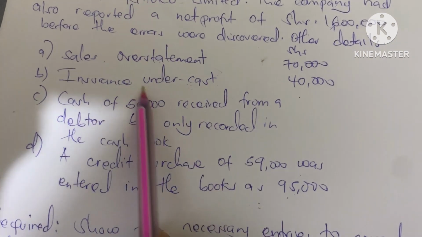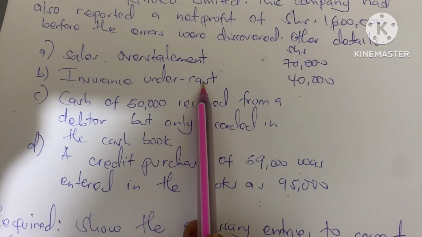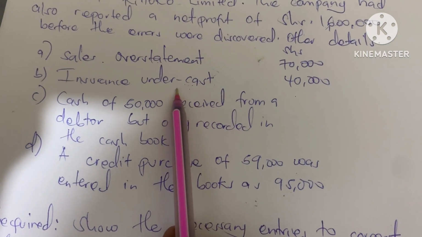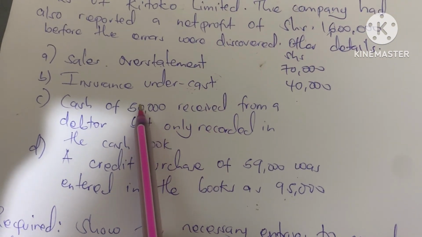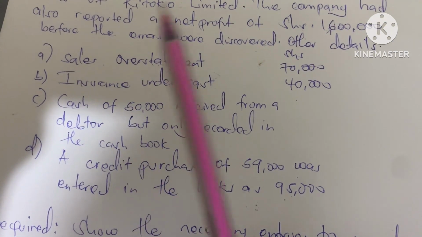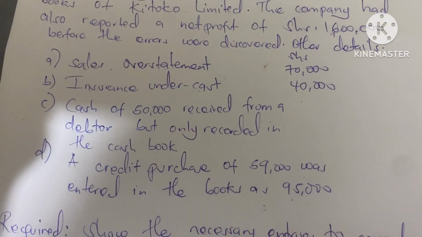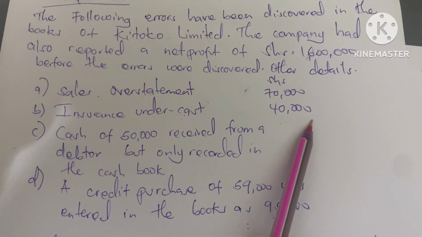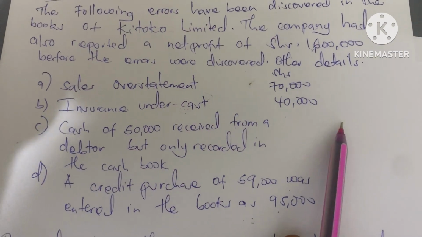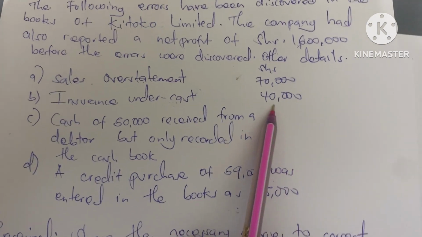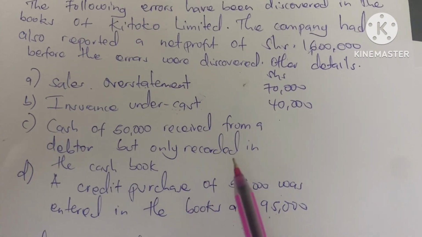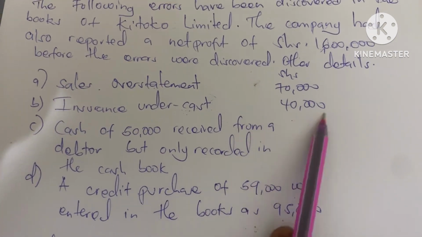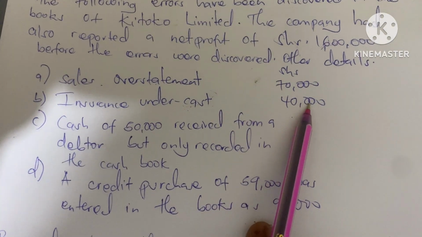But it was understated. The debit side was understated by 40,000.